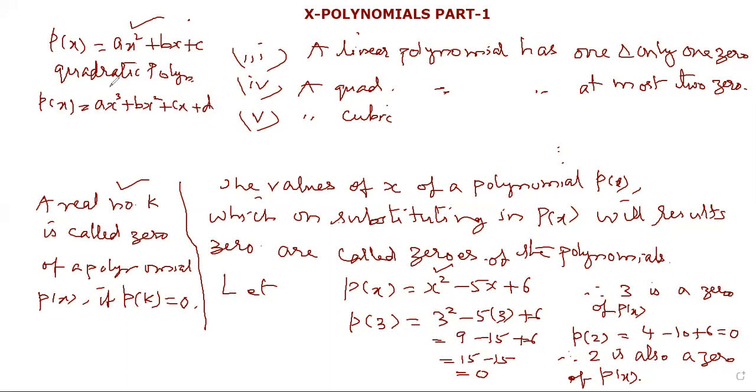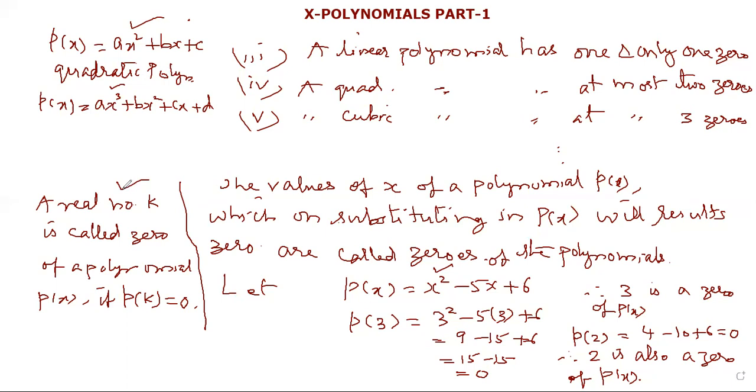If the degree of x is 3, then it is a cubic polynomial, and a cubic polynomial has at most 3 zeros. In general, a polynomial of degree n has at most n zeros. So whatever the degree, that will be the number of zeros.